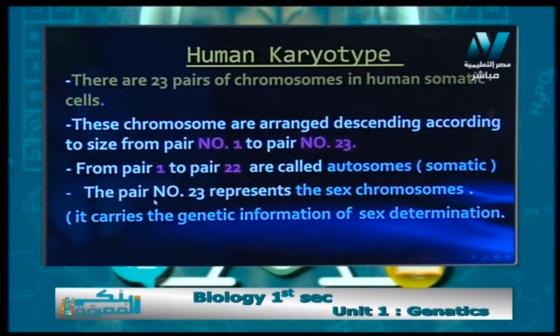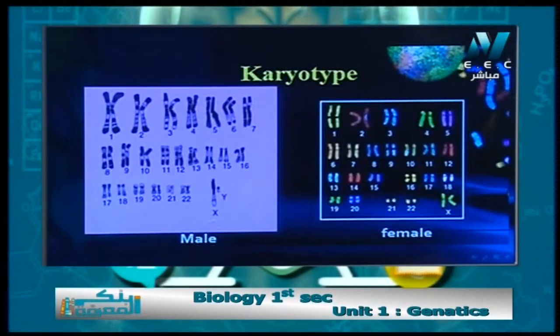The pair number 23 representing the sex chromosomes. Why? It carries genetic informations of sex determinations. As we see in male XY, but in the female XX.